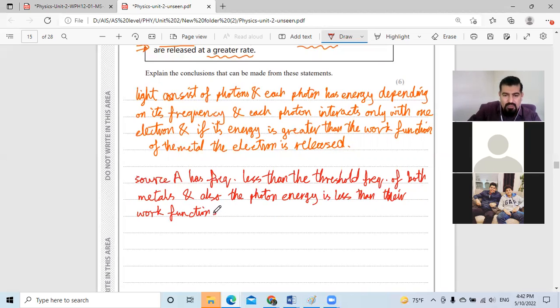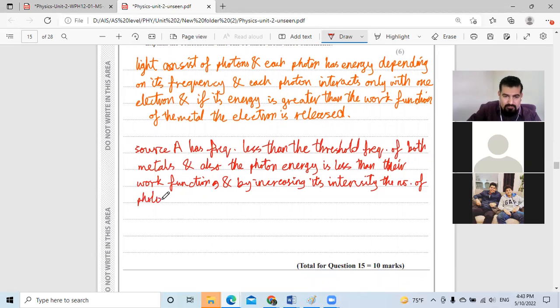By increasing its intensity, the number of photons incident every 1 second increases, not their energy, not their frequency.